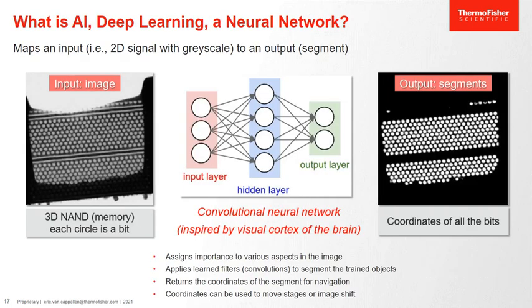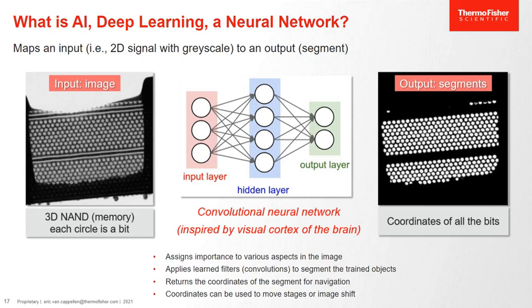Right. So, big names: artificial intelligence, deep learning, machine learning, neural networks. What does that actually mean in the framework of electron microscopy? Most commonly, the input will be a grayscale image, like on the left-hand side, where we see a 3D NAND, that's memory, and each little circle there is a bit in your memory cell.